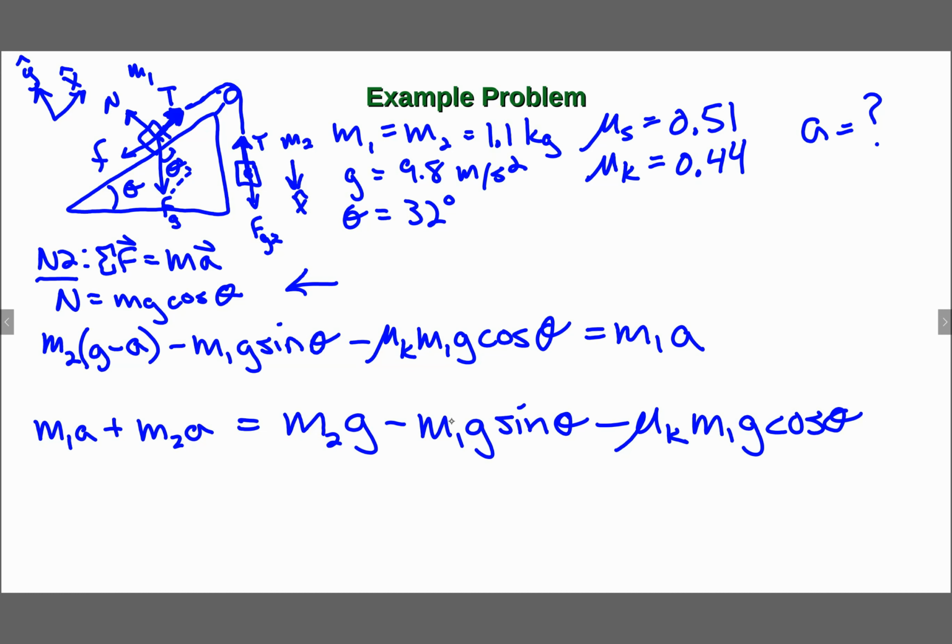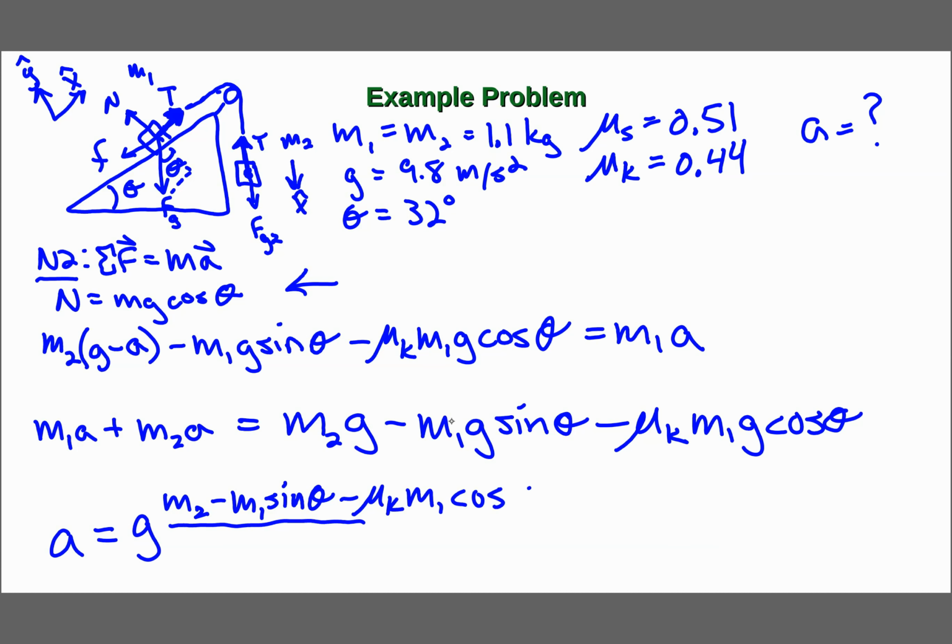And then that means that A equals g times m2 minus m1 sine theta minus mu sub k m1 cos theta. And all of that is over, from this left side here, m1 plus m2.